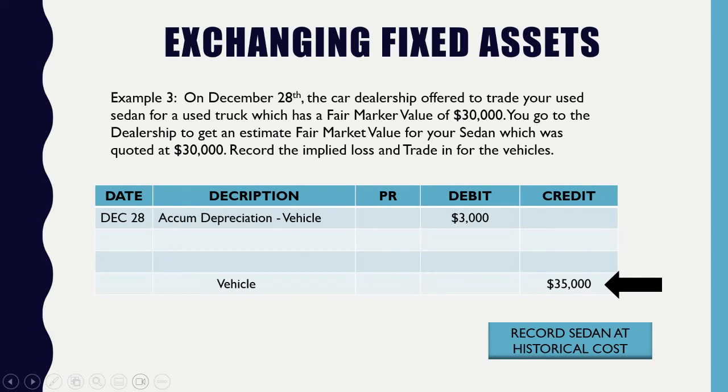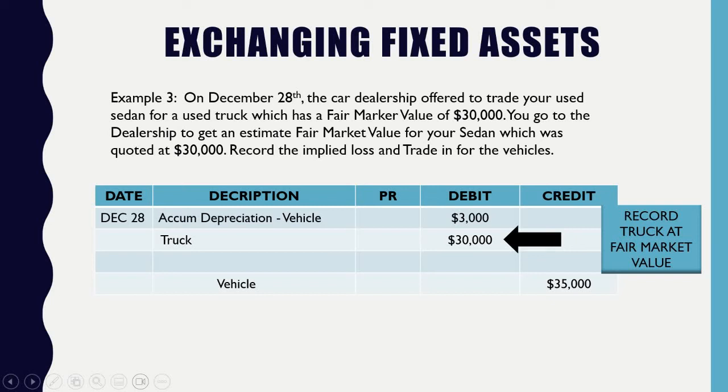That should be backwards. You should get rid of your asset first and then determine the accumulated depreciation. I know for a fact that my car is worth $35,000, because that's what I have in my books. I've already used $3,000 worth of it. So right now, my current book value is $32,000.